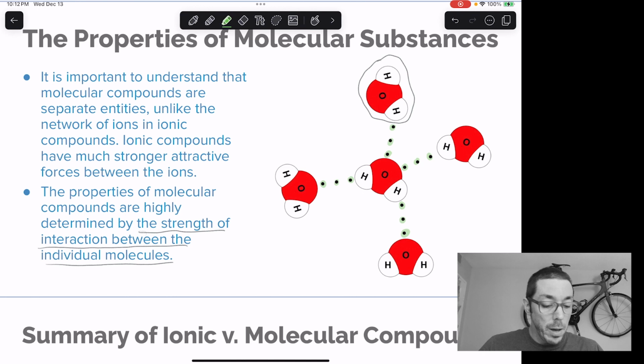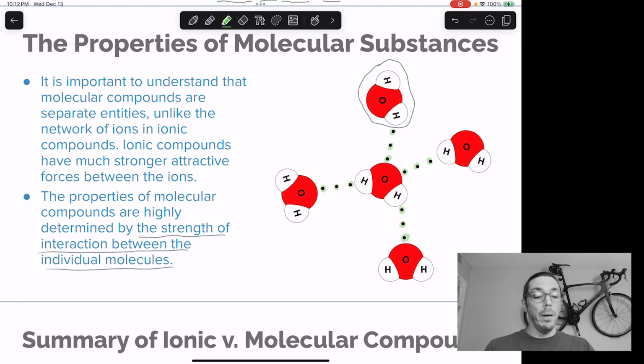So there's some amount of attraction no matter what the molecular compound is, but some of them have much stronger attractions and interactions than others. So we're going to explain what those interactions or attractions are and how they work, and we're also going to rank the strength of them, and that's going to help us understand and explain a lot of the properties of molecular compounds.